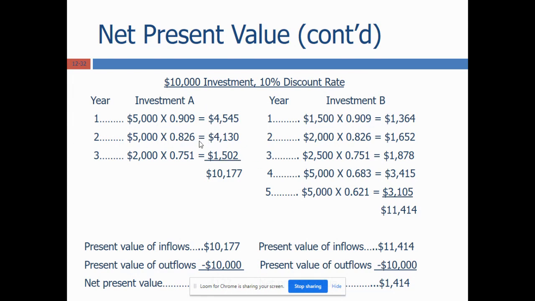This is in year two, this is in year three. Add all the present values of inflow minus the outflow, you get 177.